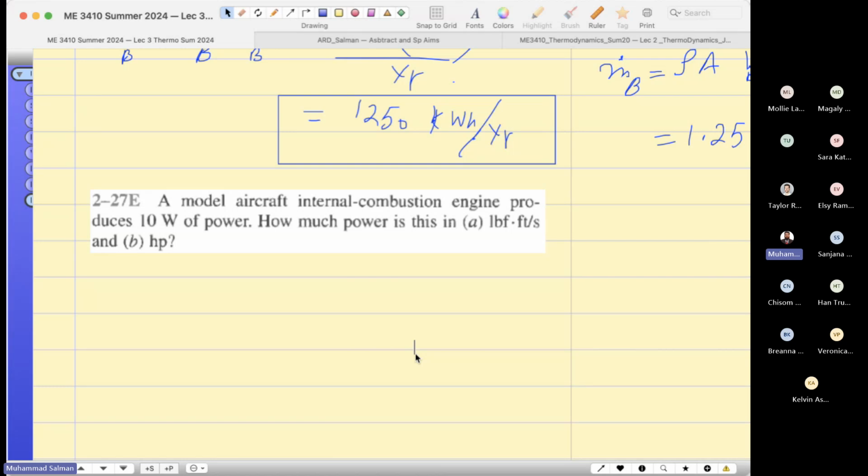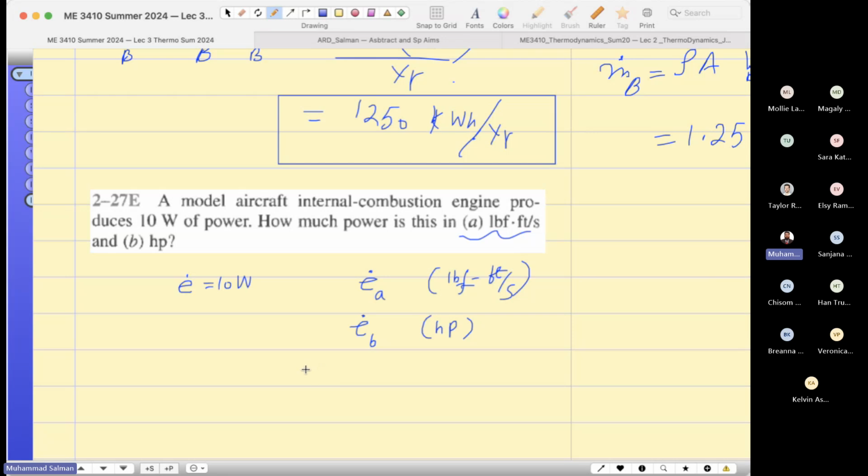A model aircraft IC engine produces 10 watts of power. How much power, the same power, in the unit foot pound force per second? And how much power in horsepower? This is just a unit question.